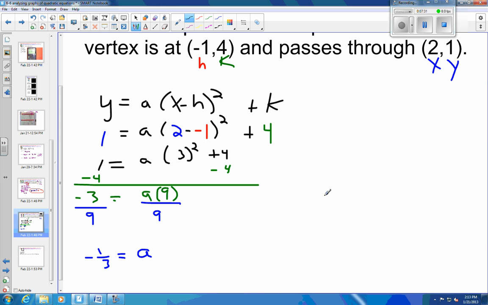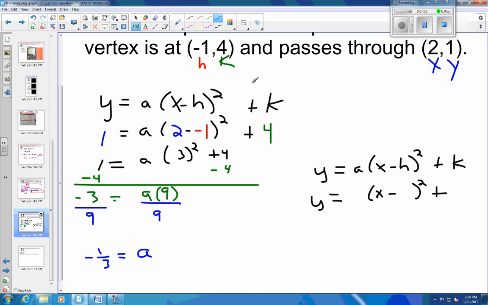Then we're ready to write in our equation, and again that's y equals a times (x minus h) squared plus k. The y stays the same, equals, the x stays, the squared stays. And now we're ready to fill in some information. So a is negative 1/3, so we put the negative 1/3 in there. h was negative 1, and k was the 4.